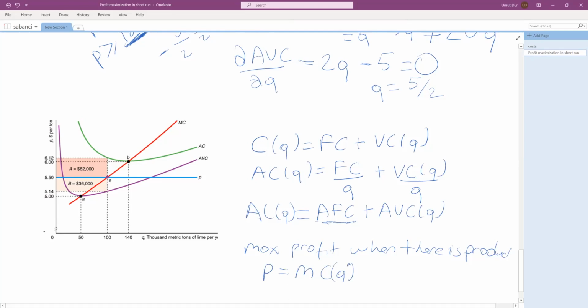So I need to look at the intersection of this blue line, which is a price level, with the marginal cost. Then I find this optimum level of production when I produce.